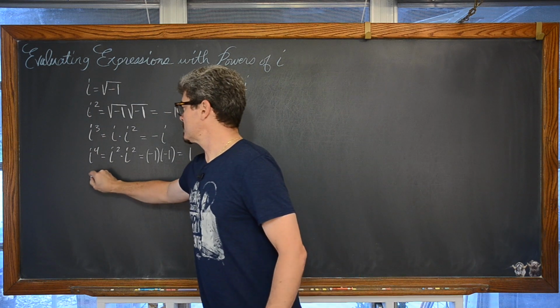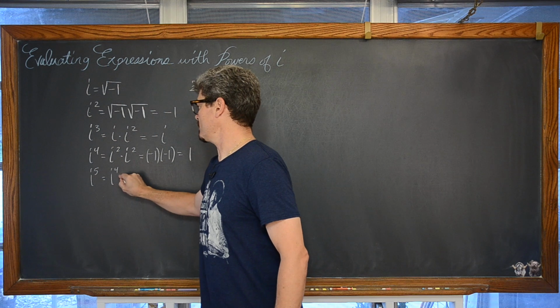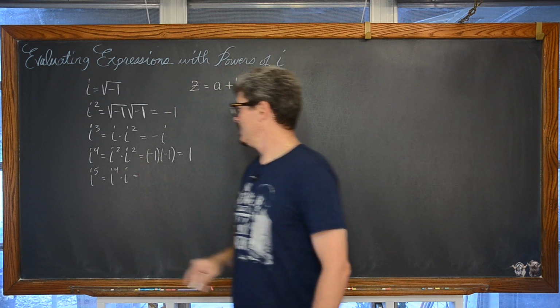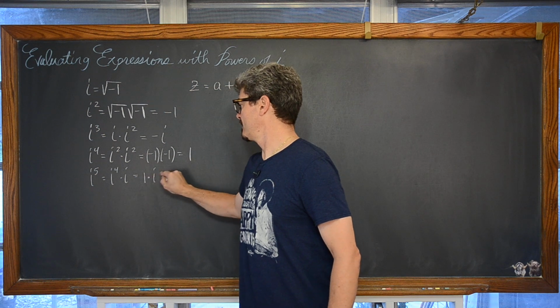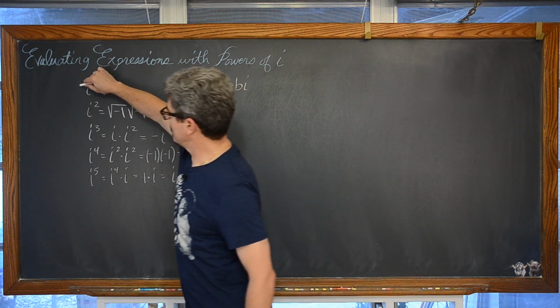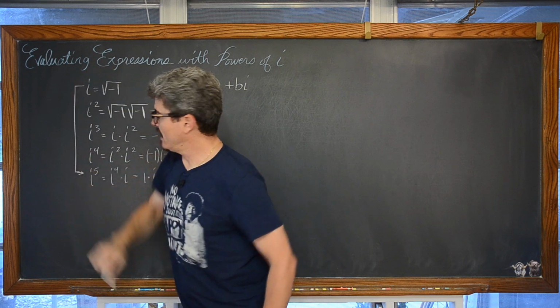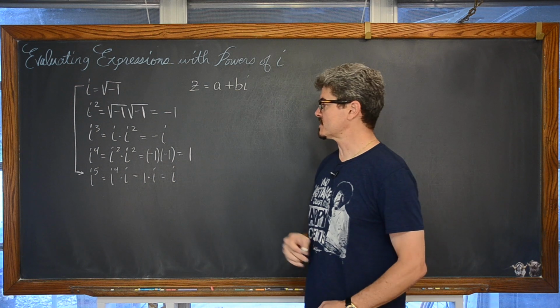So what's i to the 5th power? Well, that's i to the 4th times i, which is equal to 1 times i, which is just equal to i. So i to the 5th is equal to just i.